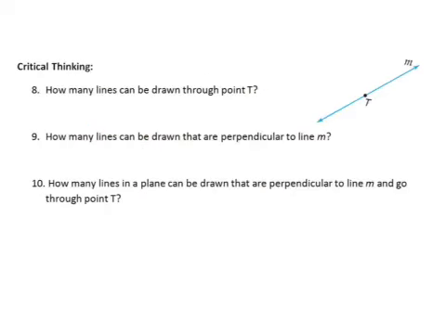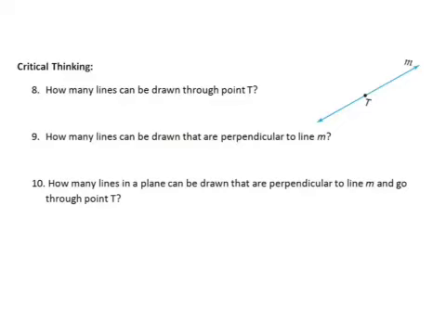All right, let's consider the critical thinking concept. How many lines can be drawn through point T? That would be an infinite amount of lines. I could have a line cutting through T this way, and this way. Now, question number 9 asks, how many lines can be drawn that are perpendicular to line M?